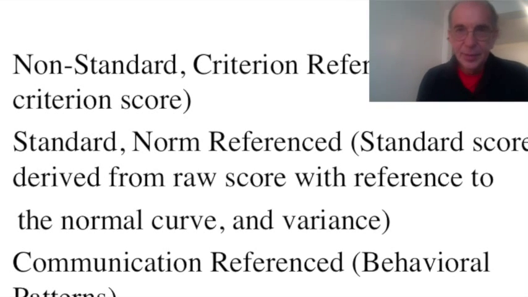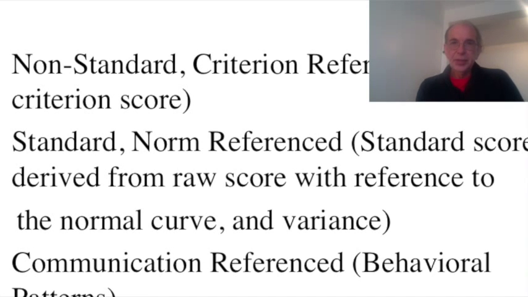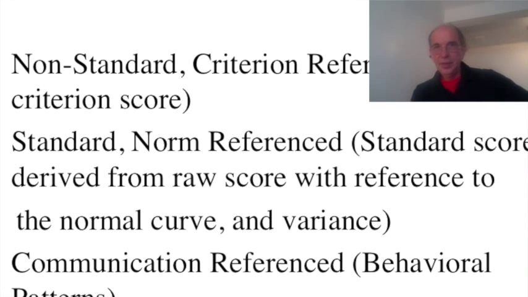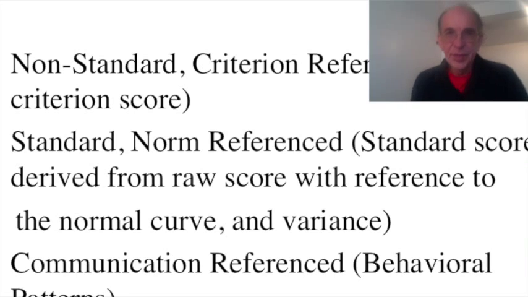And the criterion 8 out of 10 then is the child is stimulated to produce that k sound in initial position, maybe in 10 words. You present the kid a picture of a cat and a crow and a cab and whatever else. I'm just making this up off the top of my head.